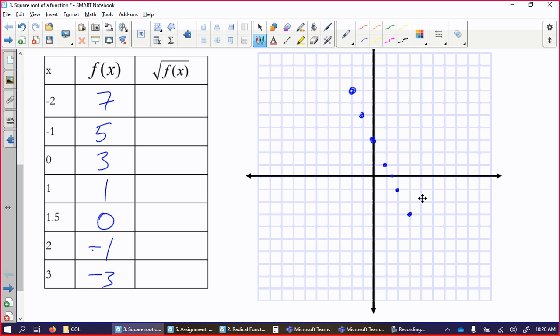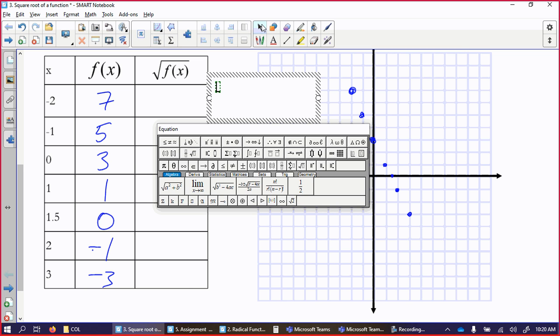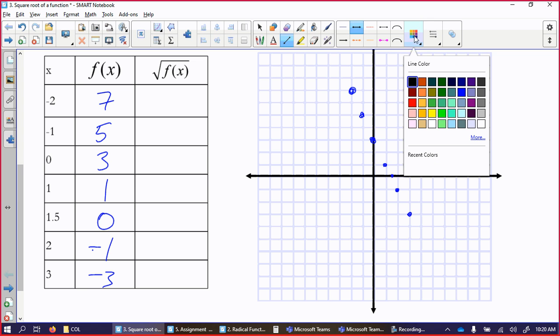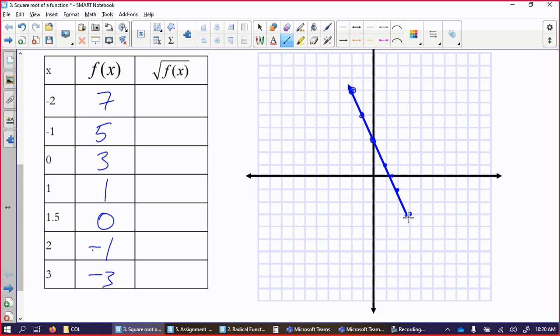So if I ask you to draw that graph, it should be all right. Okay, we'll do it this way. Draw our graph. Grade 9, grade 10 math, no big deal.